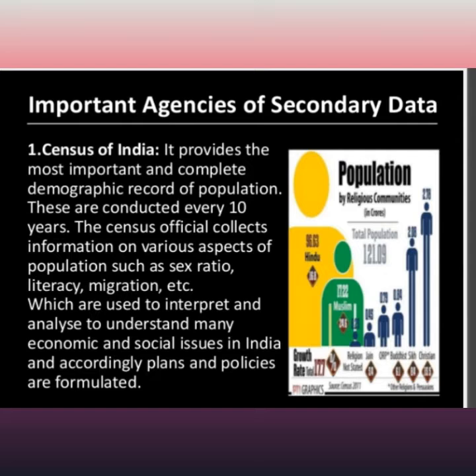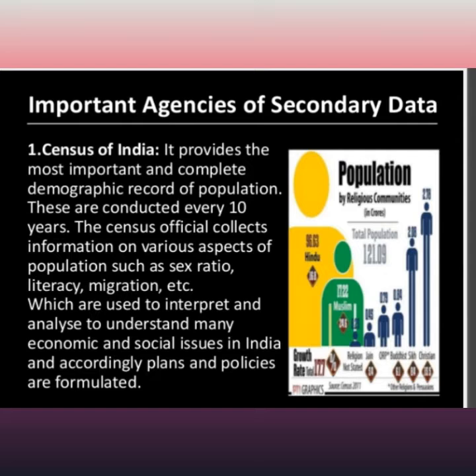The census officials collect information on various aspects of the population, such as sex ratio, literacy, migration, etc., which are interpreted and analyzed to understand many economic and social issues in India, and accordingly plans and policies are formulated. So this is the first important agency of secondary data.